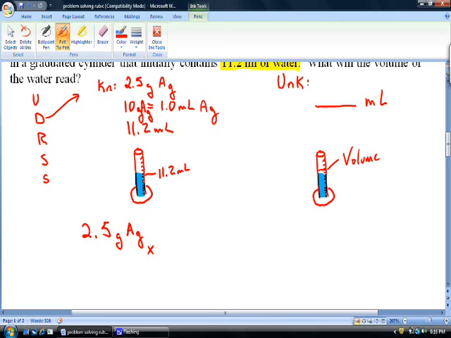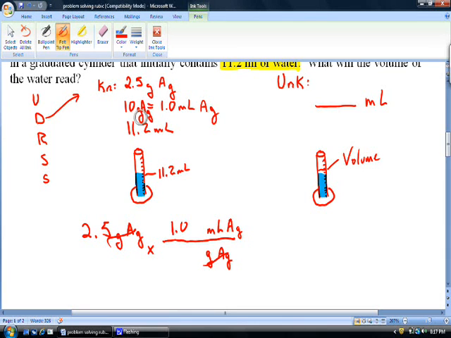And we can use that relationship here using our factor label method to make the grams of silver disappear and milliliters of silver be our new unit. Look at that. We can do this. And this tells us that the number that goes with milliliters of silver is 1.0.